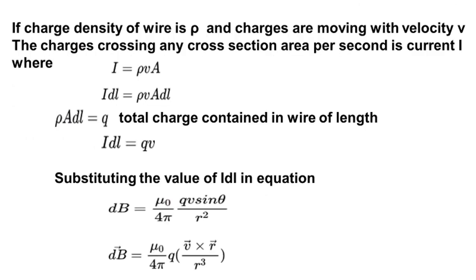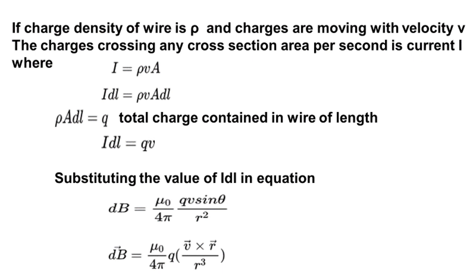If the charge density of the wire is rho and charges are moving with velocity v, then the charge crossing any cross-section area per second is current I, where I equals rho vA and I dl equals rho vA dl. Now rho A dl equals Q, that is the total charge contained in a wire of length dl.